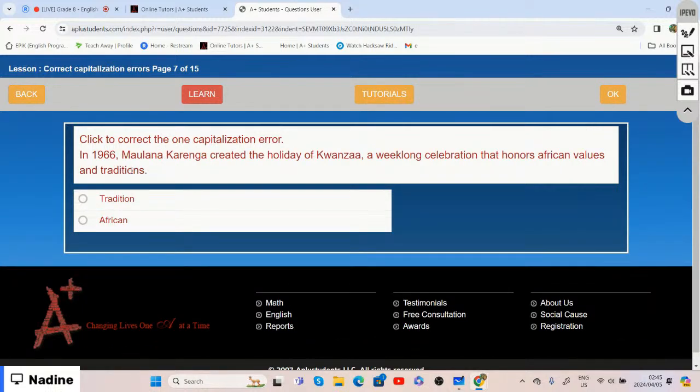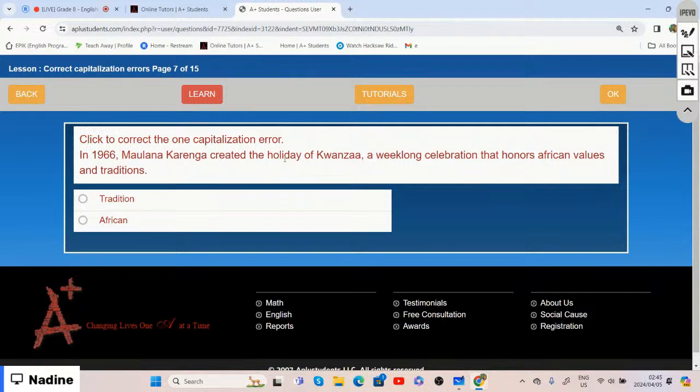It says in 1966, Maulana Karenga created the holiday of Kwanzaa, a week-long celebration that honors African values and traditions. We need to correct one capitalization error.